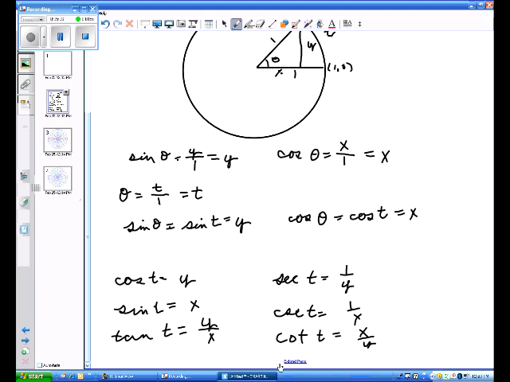Now what we do is we call these our circular functions because they're based upon our unit circle. And we have our functions then for our arc based upon our arc length or upon radians.